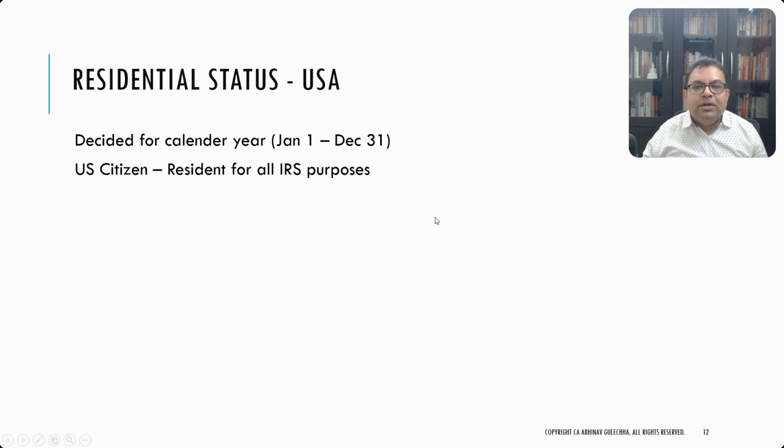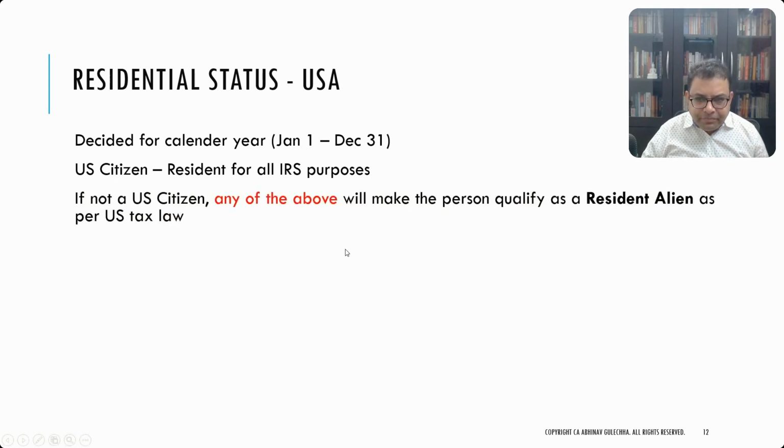Now let us take into consideration where the person is not a US citizen, for example, someone who has traveled from India on an H1B visa and is working in the US. In that case, how will that person's residential status be calculated? What the IRS says is that if you're not a US citizen, then any of the below makes the person qualify as a resident alien.